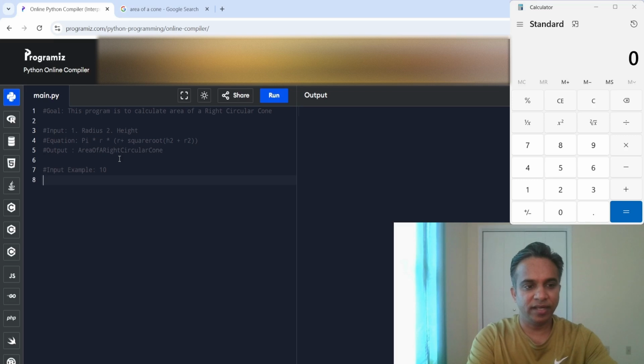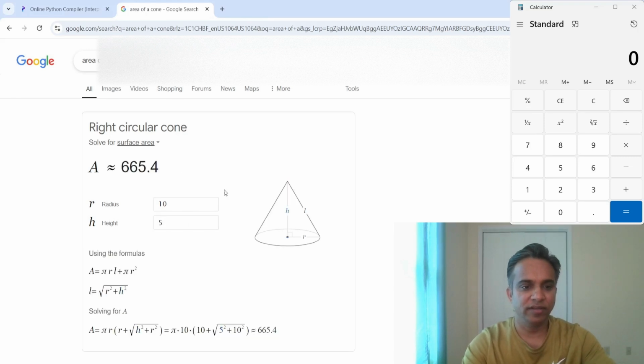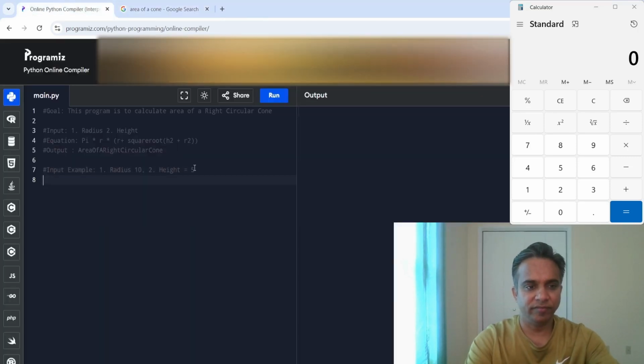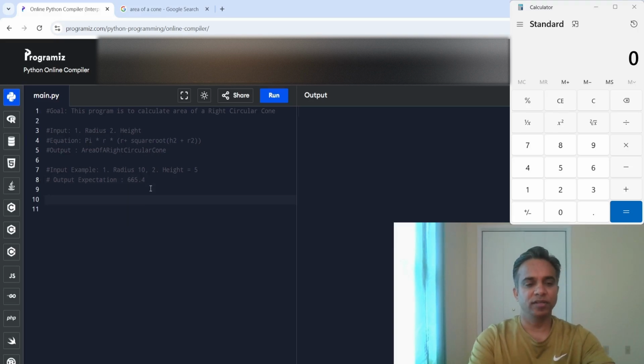If we provide 10 as radius and height as 5, then our expectation is nothing but 665.4. Let us write the program.